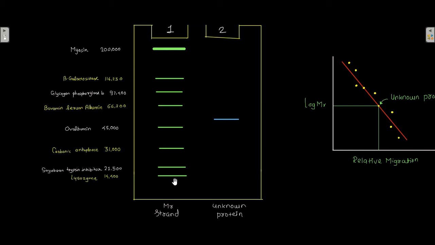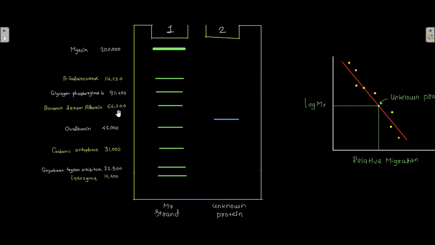So you make this band, along with this protein whose mass you don't know, and now you can compare both of these and estimate that this protein has a molecular weight between 45,000 and 66,200.